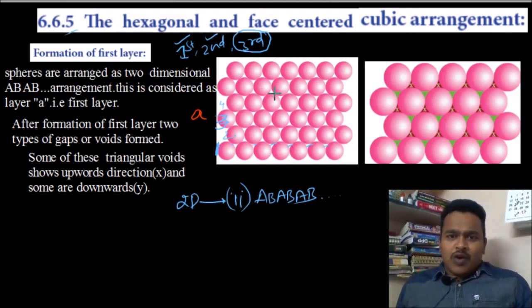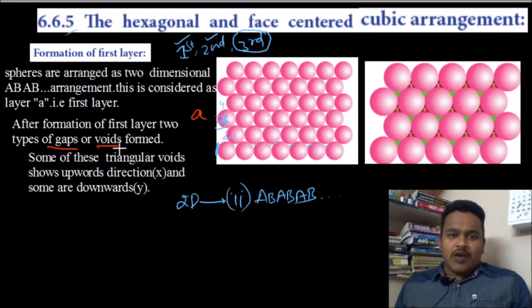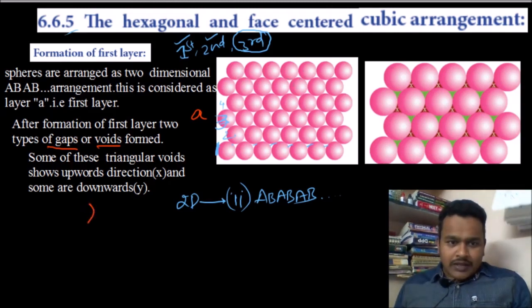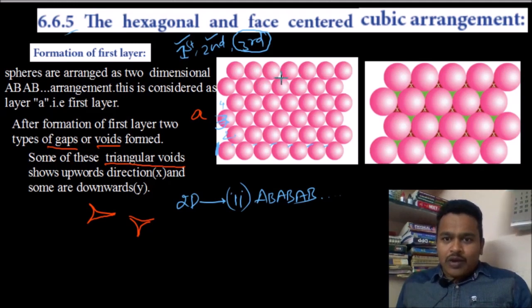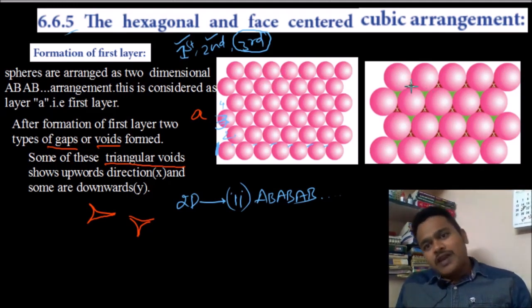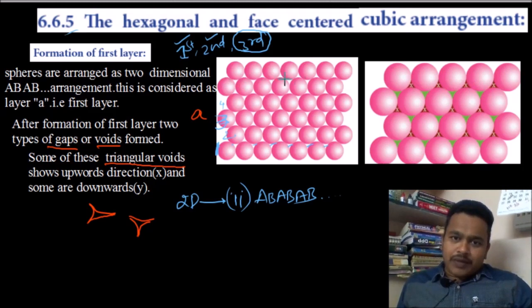Observe carefully. Once the formation of the A layer is over, two types of voids, or gaps, are formed. You can observe triangular gaps here.